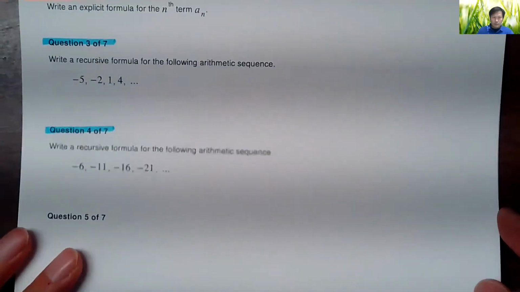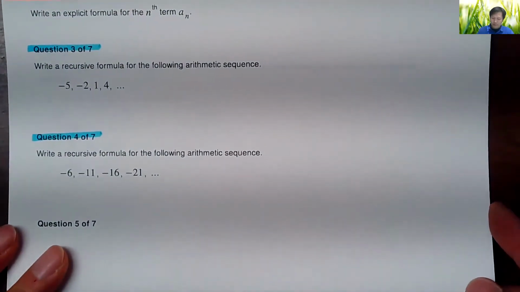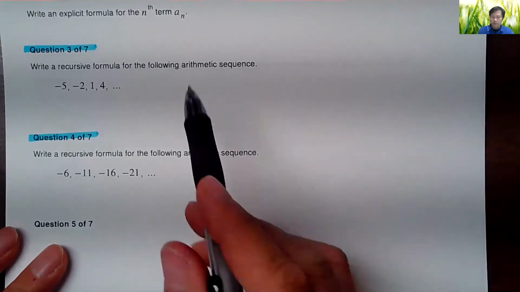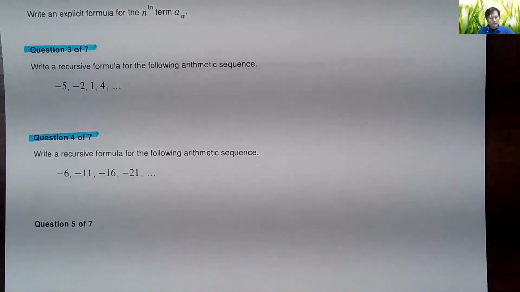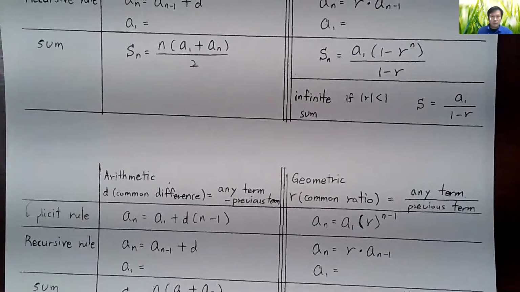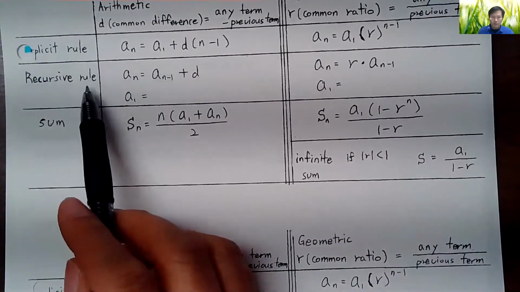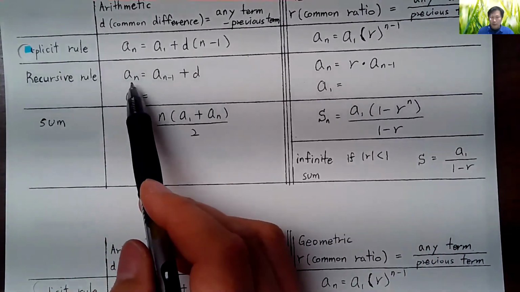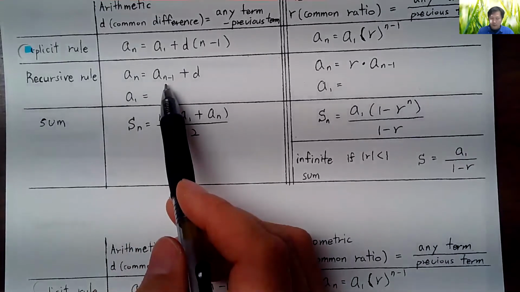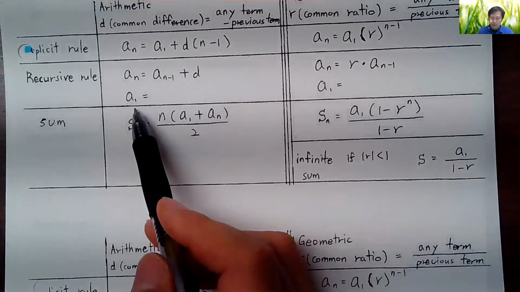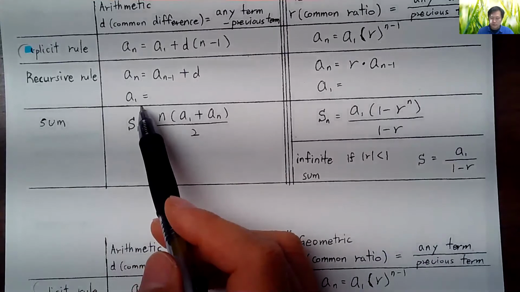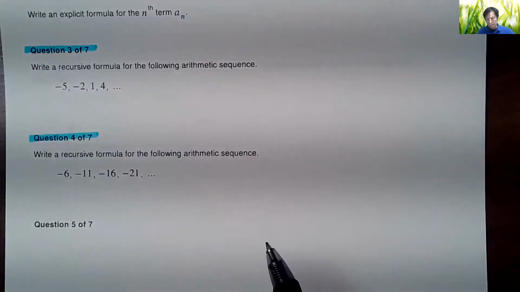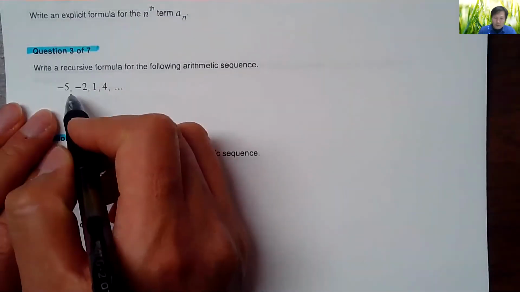Okay, now let's deal with the recursive formula for the following arithmetic sequence. Again, if you look at the formula paper, the recursive formula is right here: the nth term is the previous term plus d, and you give what a sub 1, the first term, is. So find the difference.